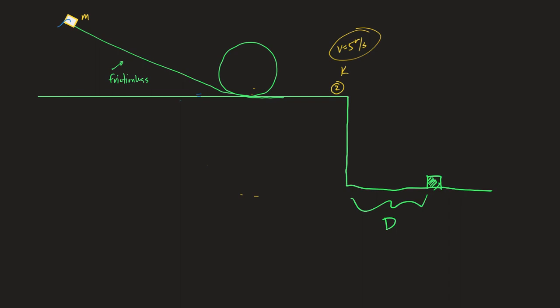They're going to then ask you questions like, what if you started the box here? Will the box land before D or after D? Now, you should be able to figure that out. I hope you realize if you start the box here, will it be going faster or slower here?